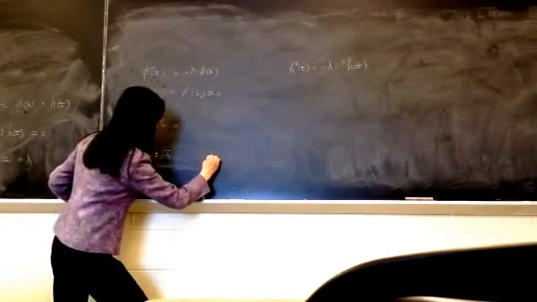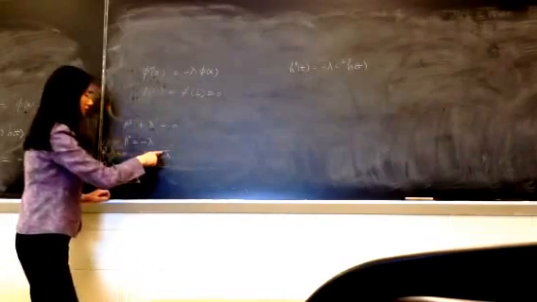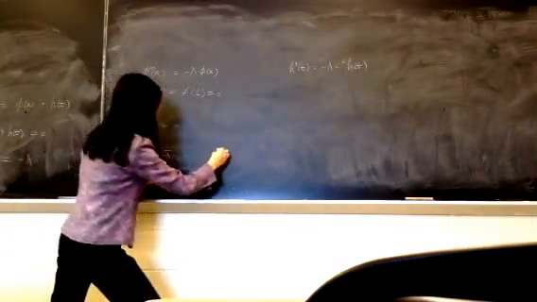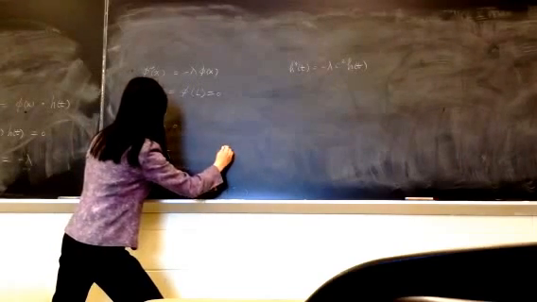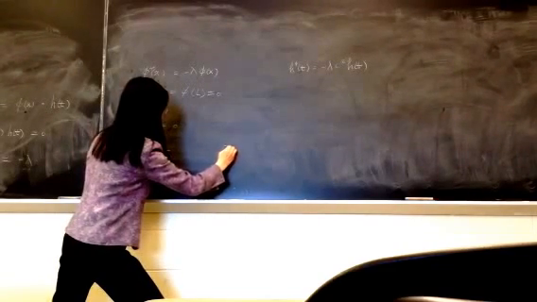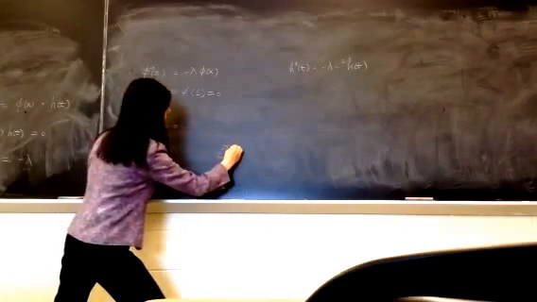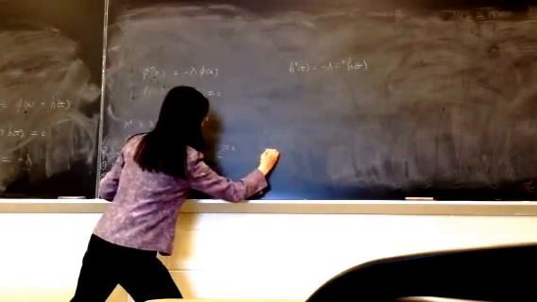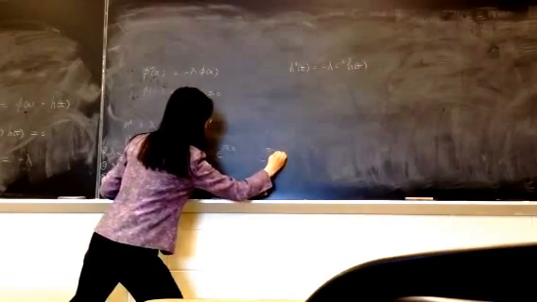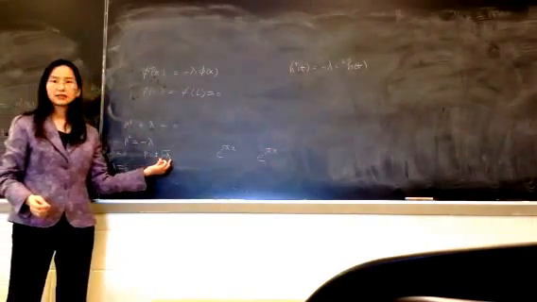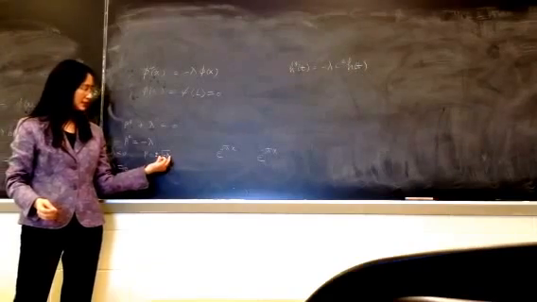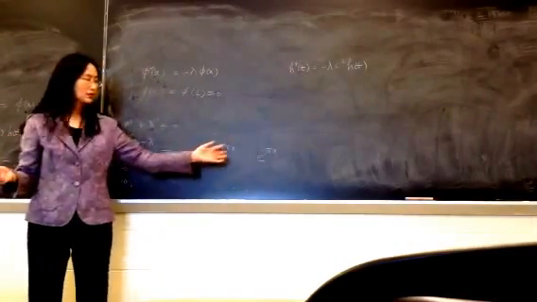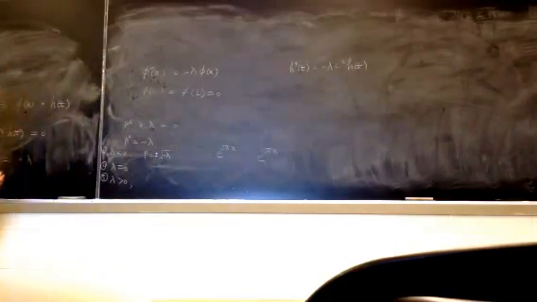The solution will be of this form: e to this quantity times x, or e to the negative of this root times x. Those are 2 independent solutions.